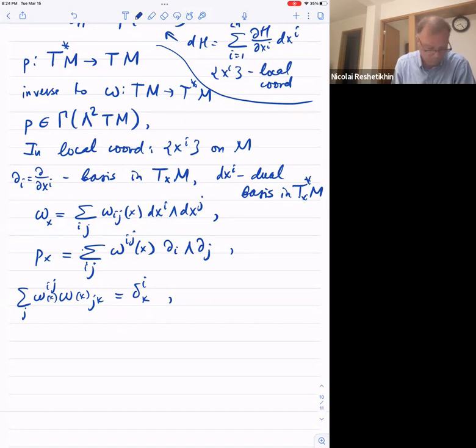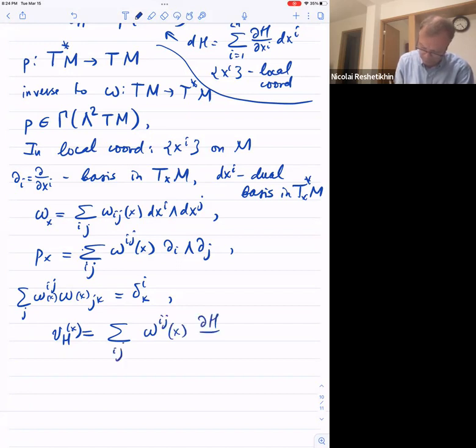So, yeah, and then once you have this, this vector field is the sum over i, j of omega^ij(x) (dH/dx_i) d_j.